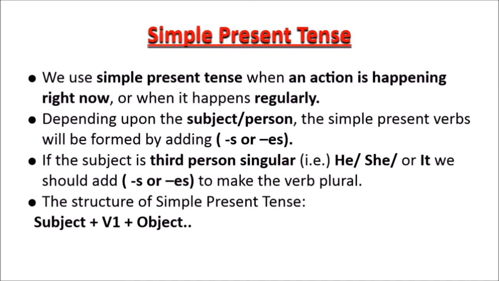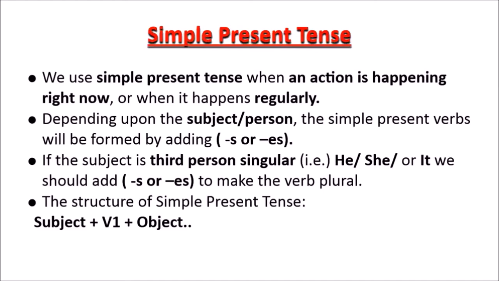So which are the third person singular subjects? They are he, she and it. So in a sentence, if there comes he, she or it, we automatically should add s or es to the verb.